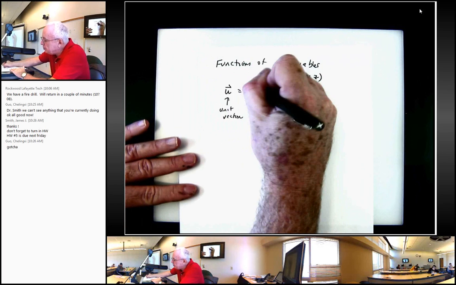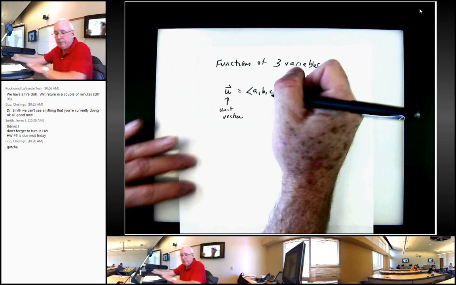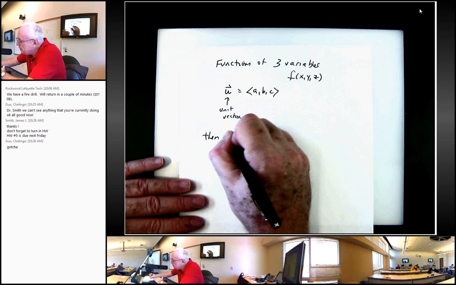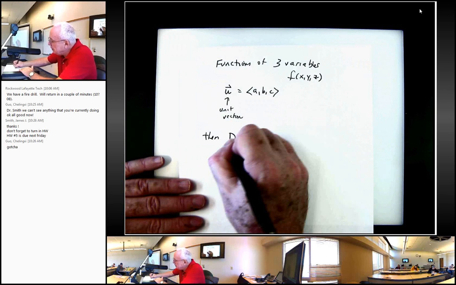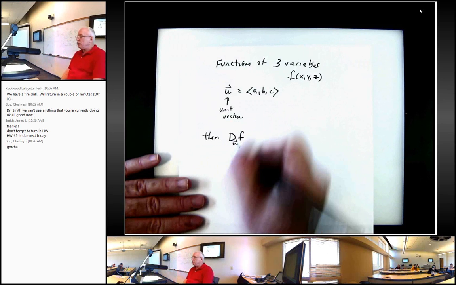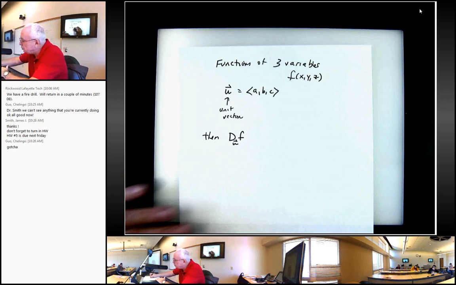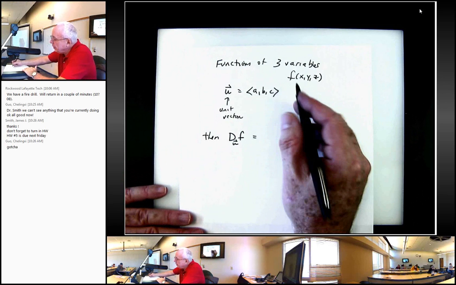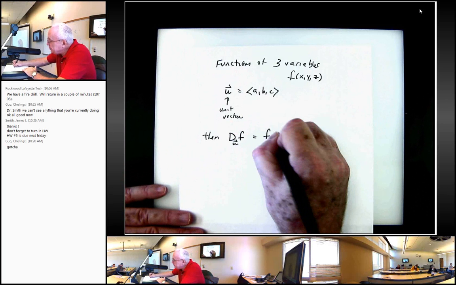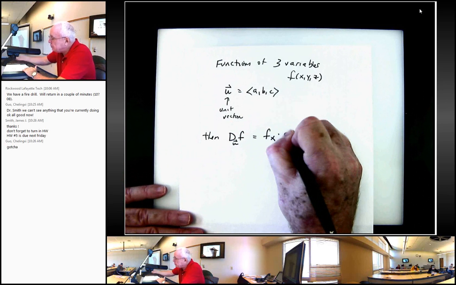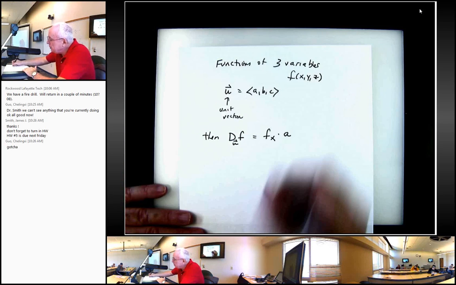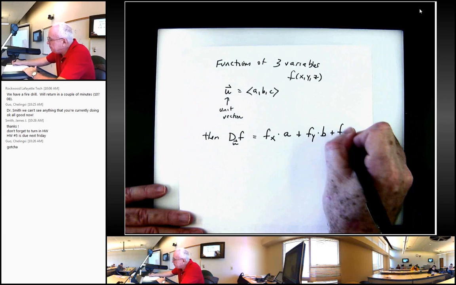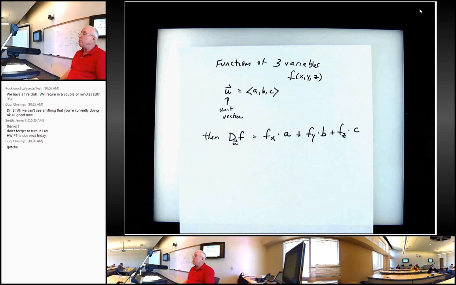Let's have its components be A, B, and C, all right? Then the directional derivative of our function, with the u vector down below, is just an extension of the other definition. It's going to be f with respect to x times the first component of the unit vector plus f with respect to y times the second component plus f with respect to z times the third component.